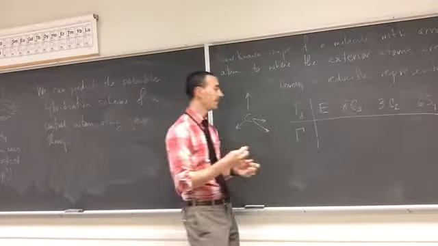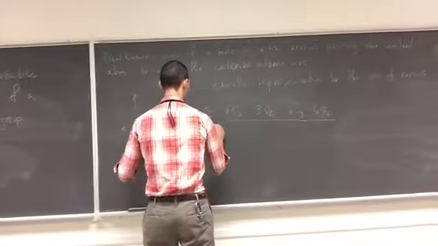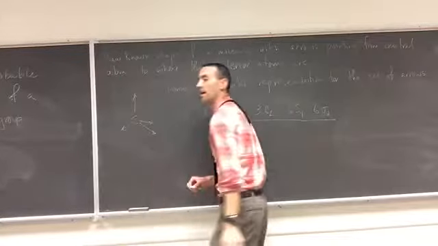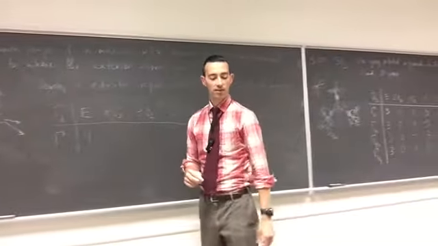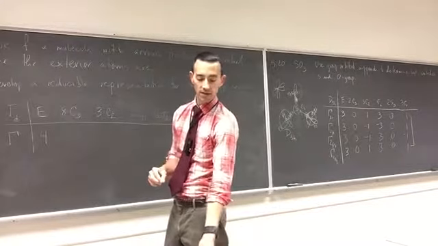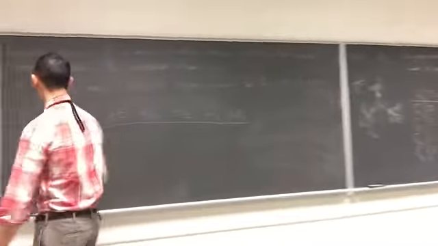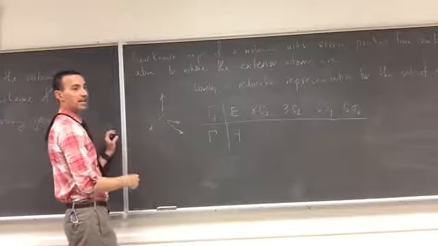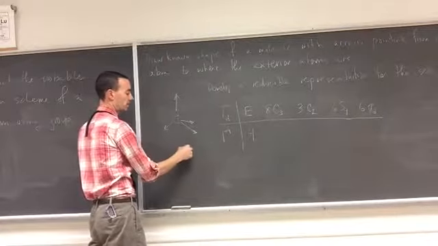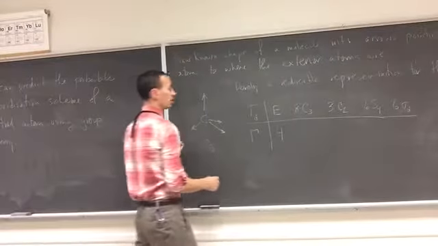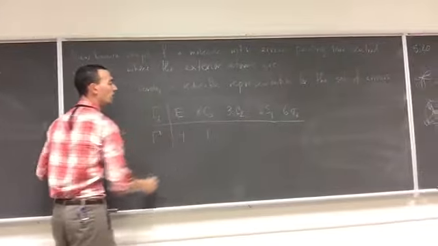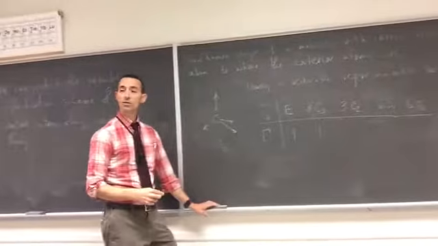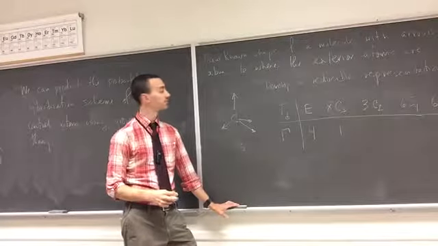So none of the arrows move upon the E operation. So the character is 4 there. The C3 would be coincident with one of the C-H bonds. This would be our C3 axis. So one of the arrows would not move, and the other 3 would.